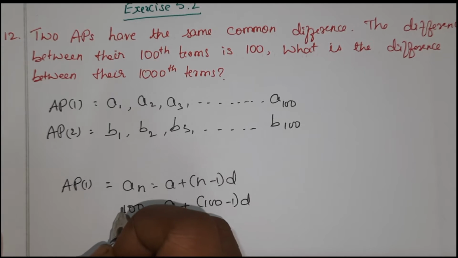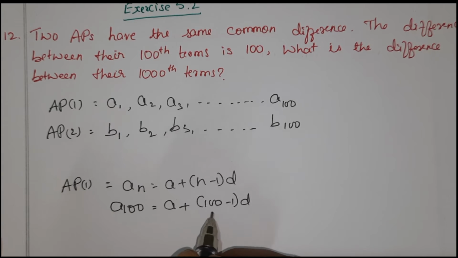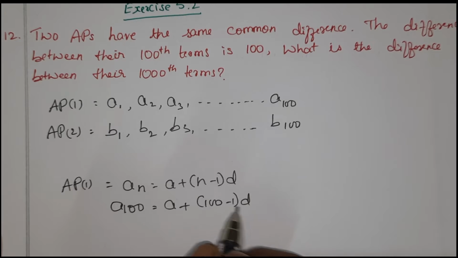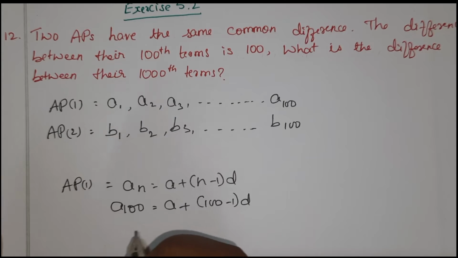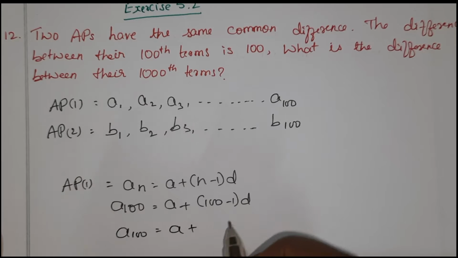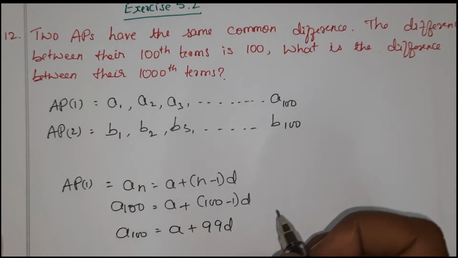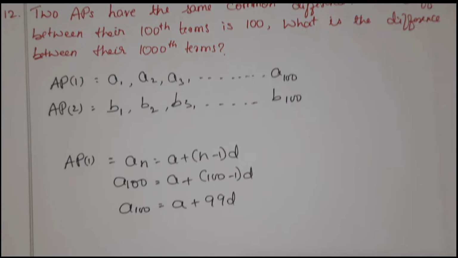Sorry, it is not 100, it is a100. So a100 is equal to a plus 100 minus 1 into d, which is a plus 99d. This is our first equation.